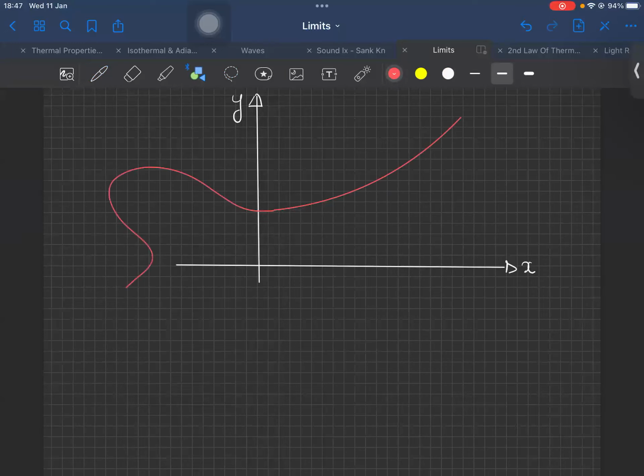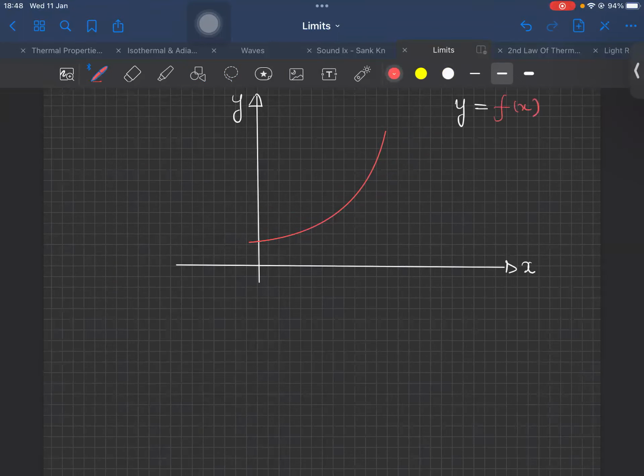We have seen the graph can be anything like this, right? We don't know. So let's say it's something like this. A function is defined like this. We don't know what function it is. So let's say this function is defined by y equals f of x.